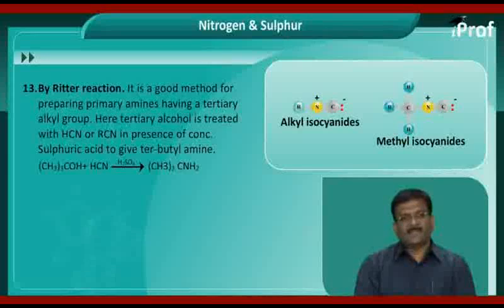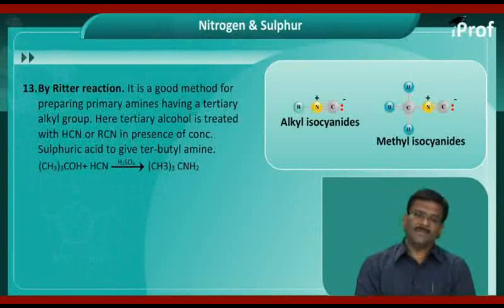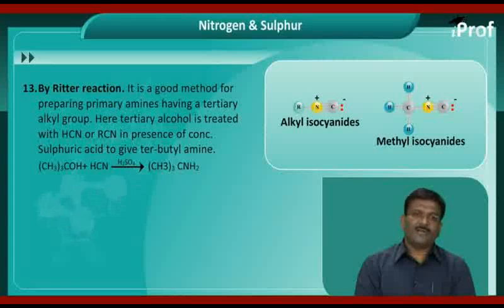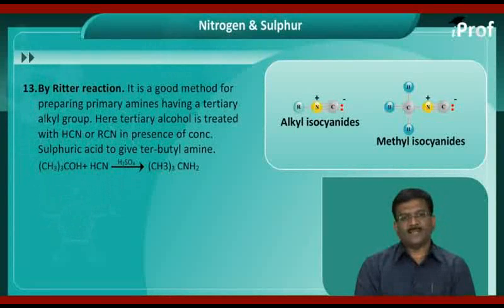The next method is by Ritter's reaction. Ritter reaction is a good method for preparing primary amines having a tertiary alkyl group. Here, the tertiary alcohol is treated with hydrogen cyanide or alkyl cyanide in presence of concentrated sulfuric acid to give tertiary butylamine.